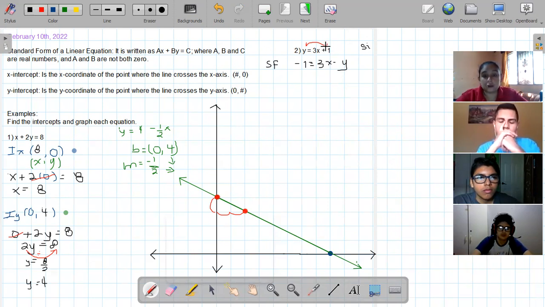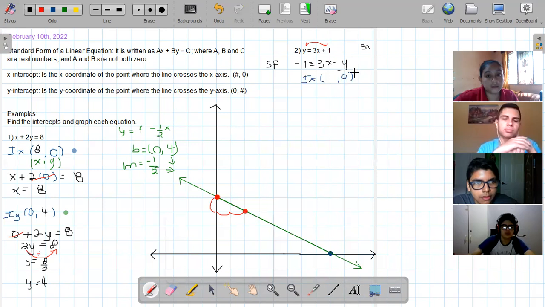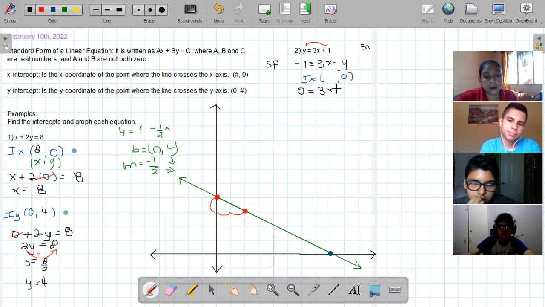So I'm going to find the intercepts with the original exercise, okay? So intercept in x, remember we leave an empty space, comma 0, and we're gonna substitute the 0 in the y. So we're gonna get 0, because it's on the y, equals 3x minus 1. I need to leave the x completely alone.